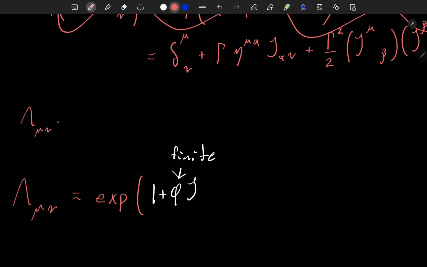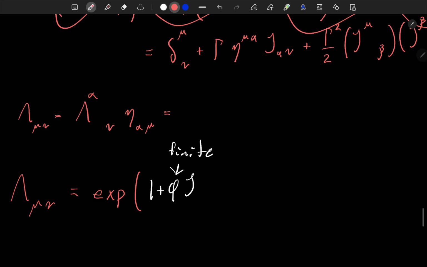This guy, well, that is going to be the same thing as this times the metric lowering the mu, and for an infinitesimal transformation we know that this looked like alpha nu plus our parameter times our generator, because this whole thing was our little lambda.